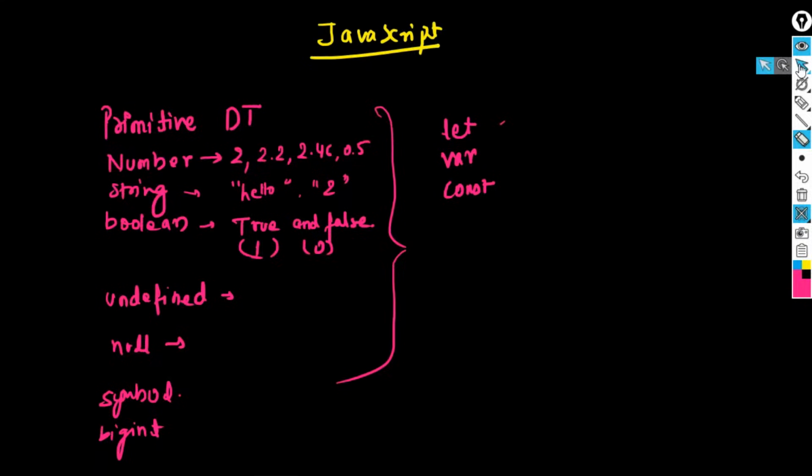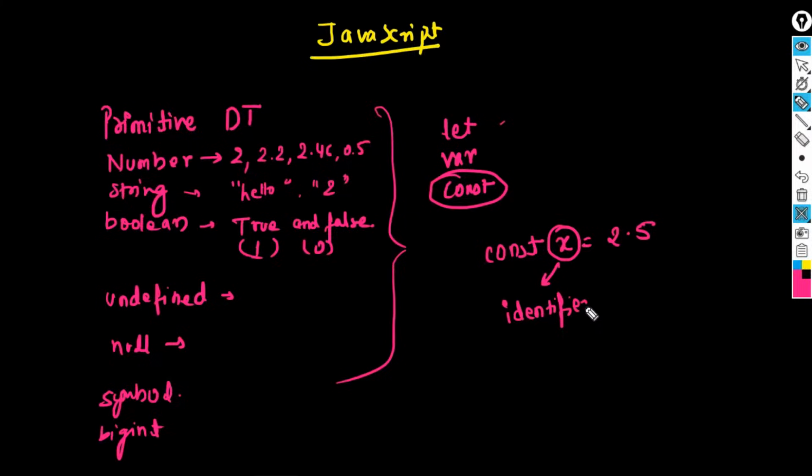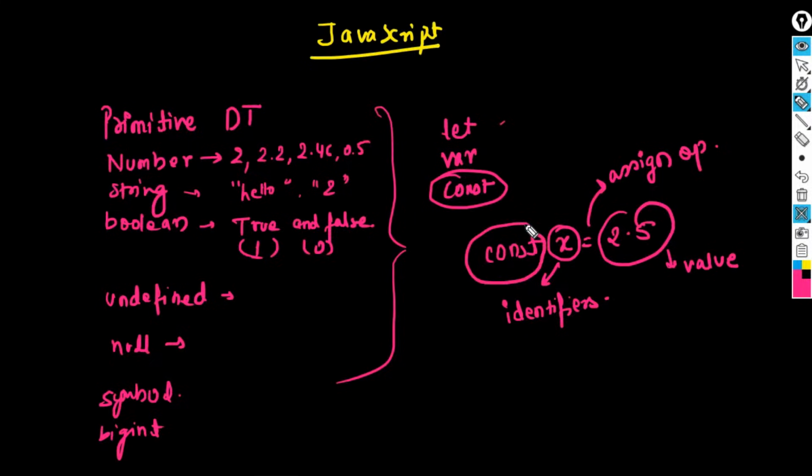Const means it gives you a constant value. If you write const x = 2.5, it is a number, so x is a number. These are called identifiers. This is the assignment operator. This is a value and this is a variable.